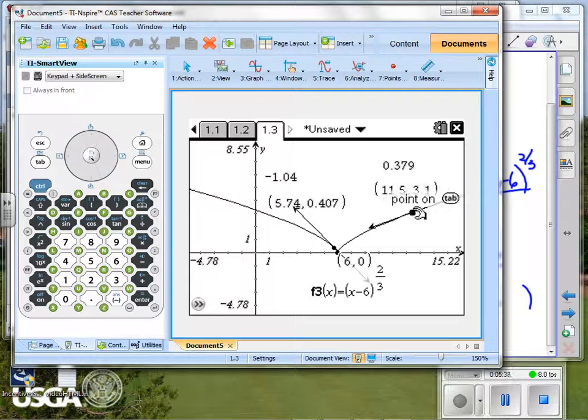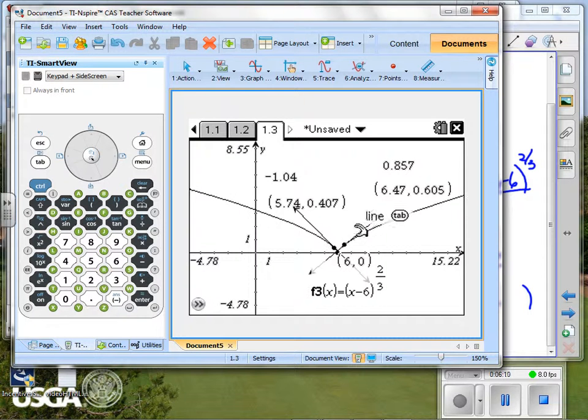Take the other point on the other side. Bring it also close to that point. Look at the slope. What's the slope going to? So the one on the less than 6 side has a slope that is what? Negative.